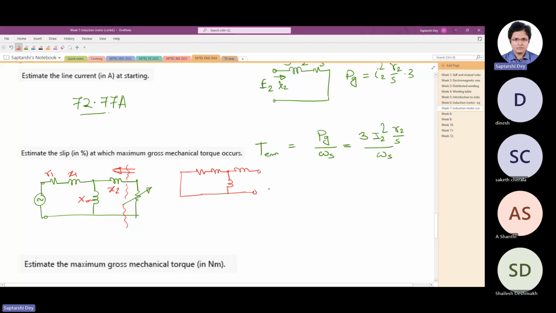So what is the ZTH? ZTH is R1 plus JX1, this combination in parallel with JXM plus JX2. Is it clear up to this?